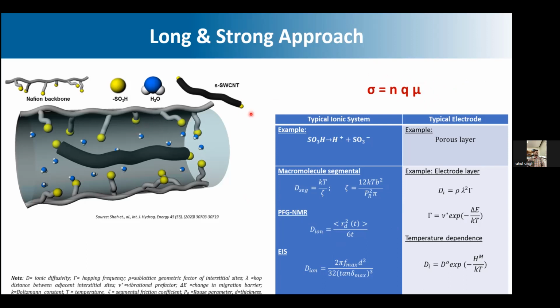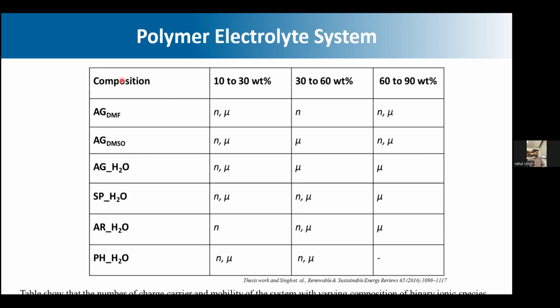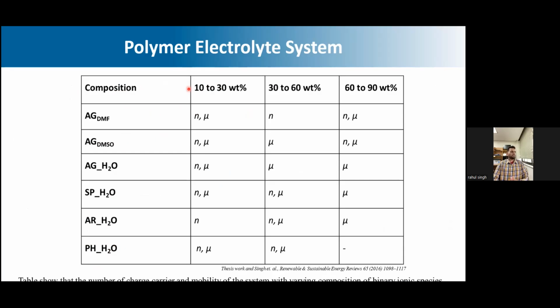In our next slide, these are the different types of systems, and what we have seen is that with the introduction of ions, up to a certain level, the number of charge carriers plays the dominant role. After a high concentration of those ions, mobility plays the dominant role. This has been evaluated from the diffusion coefficient values.